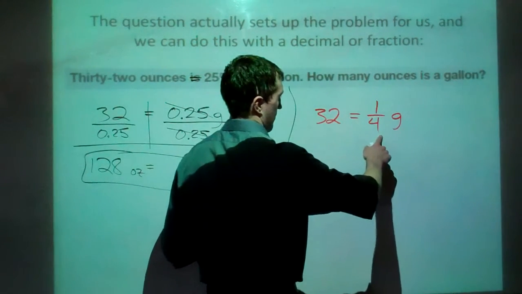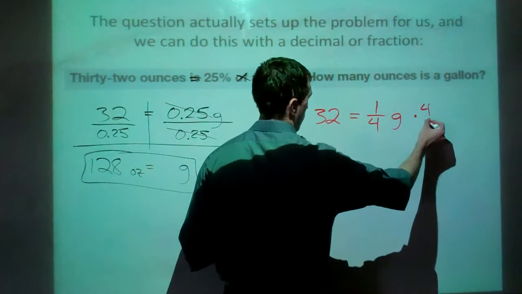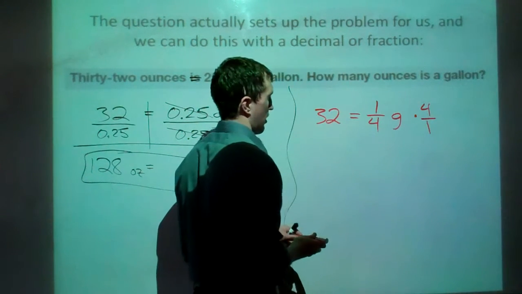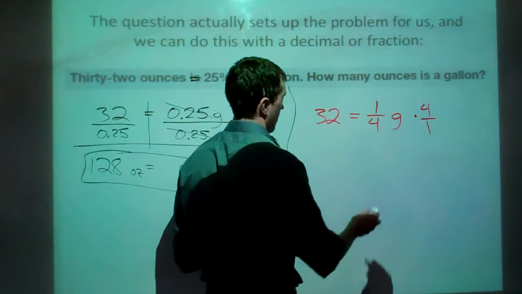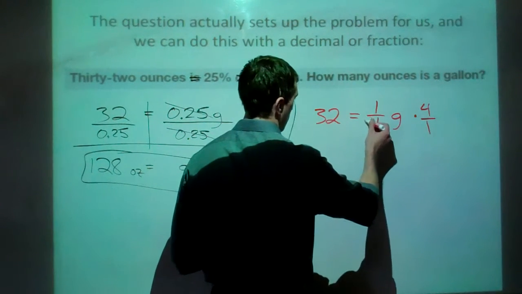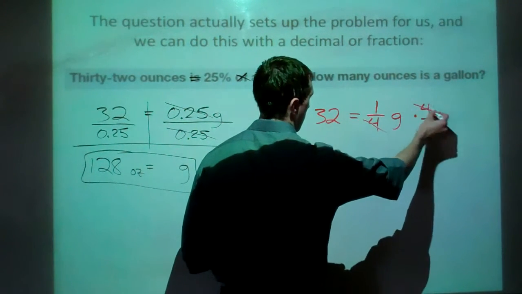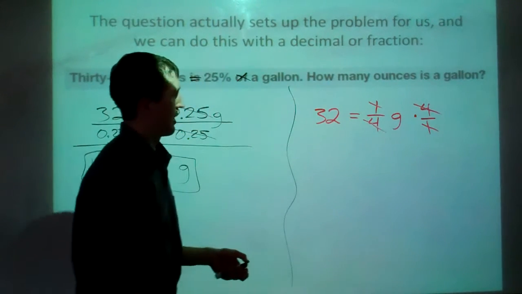So if I multiply by the reciprocal on this side, 4 over 1 is the reciprocal, what ends up happening is your 4's cancel out with each other. And your 1's cancel out with each other, although the 1's don't really matter.